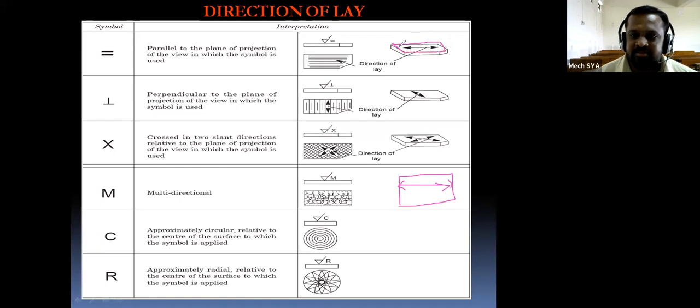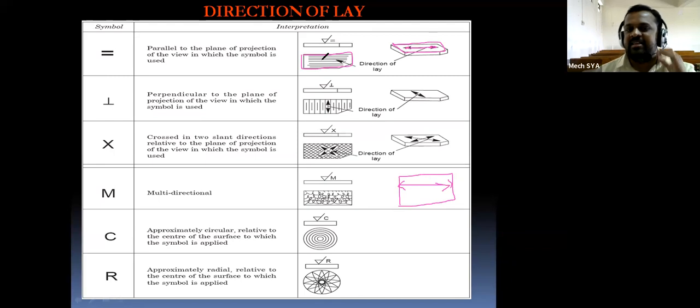And if you observe the irregularities on the surface of this component, those irregularities will be like this. Whether it is parallel or perpendicular. See, these are the irregularities. See, this is the front view we can call. So this is our component surface. And if you have observed, these are the irregularities.